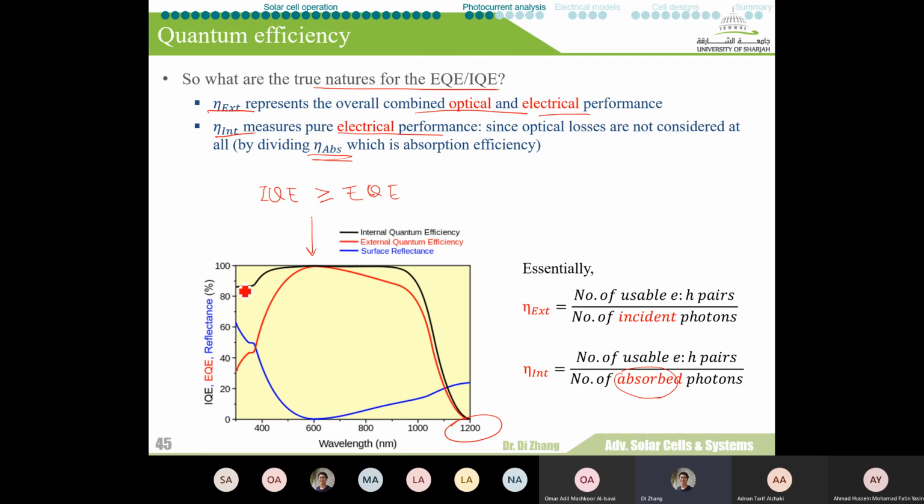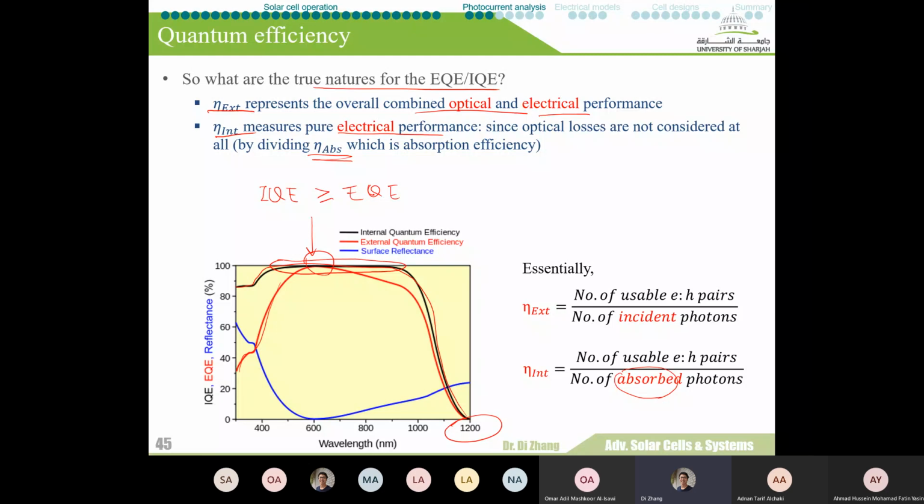Obviously the highest curve is the internal quantum efficiency, because this is always higher than the external, and the external is always lower. You can see that even for this example, at around this wavelength, you can have both 100% internal and external quantum efficiency. And for internal, you can see it has a wider range.